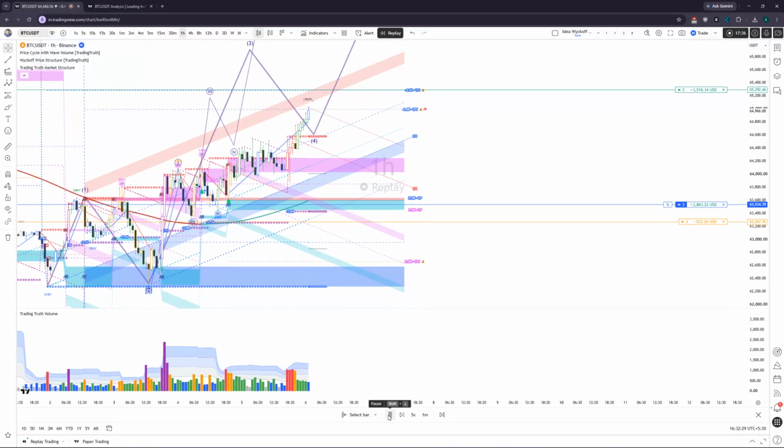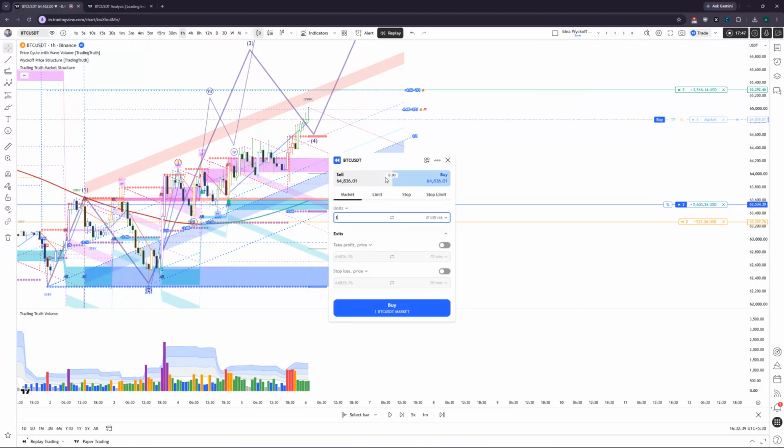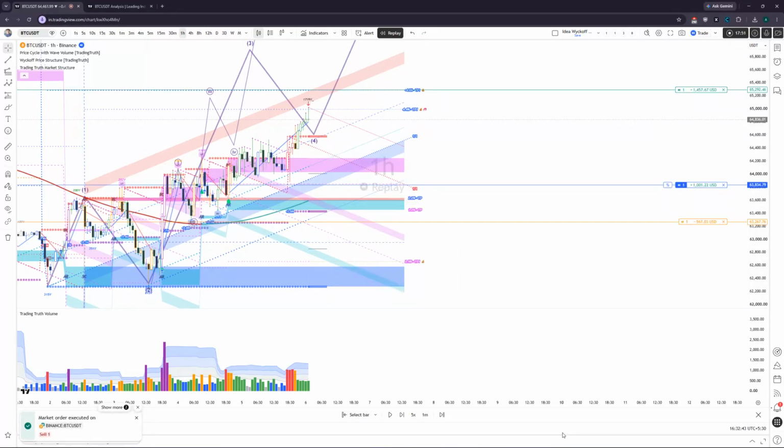It reached our TP1, around the red line there. So I'll just offload half of my shares. I'll just sell one Bitcoin there, book some profit there, right?